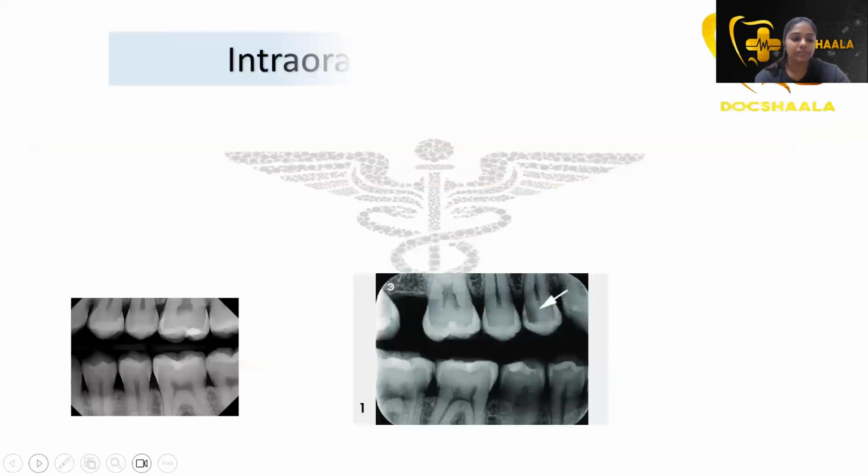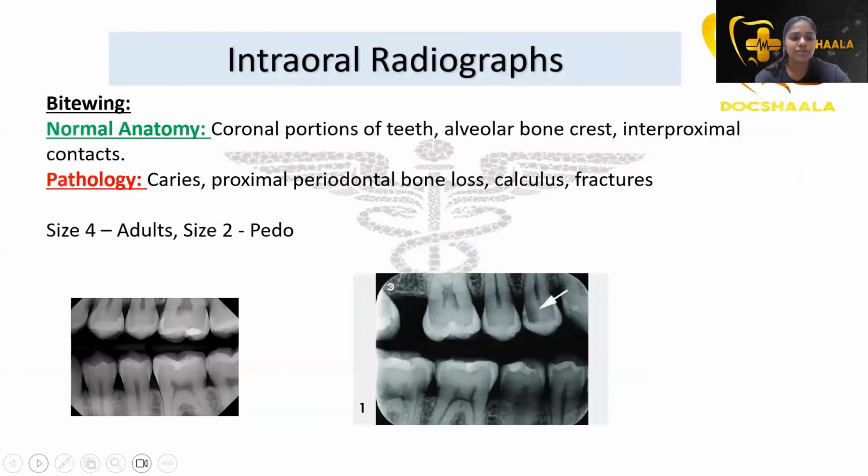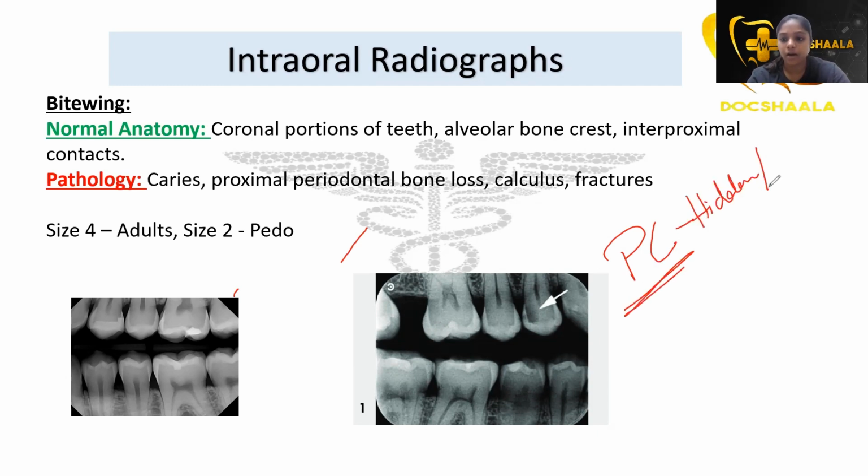Then in intraoral radiographs, one more important one which we have is the bite wing. As you all know, we use the bite wing especially to diagnose proximal caries which is hidden or occult, which we cannot see in normal periapical radiographs, or when we cannot see it clinically.